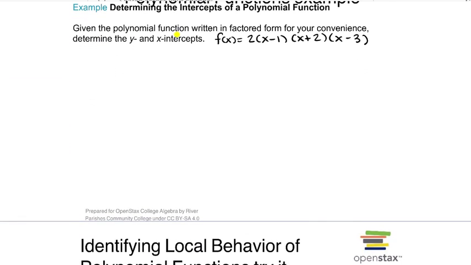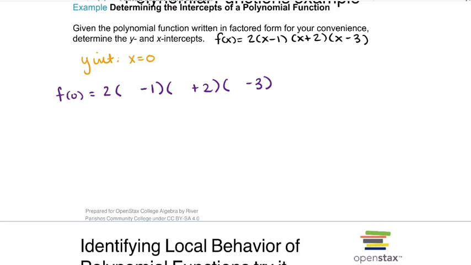So given the polynomial function written in factored form for your convenience, determine the y and x intercepts. To find the y-intercept, we're going to set x equal to 0. So we're going to rewrite this whole expression and find f at 0. So 2 times 0 minus 1 times 0 plus 2 times 0 minus 3.